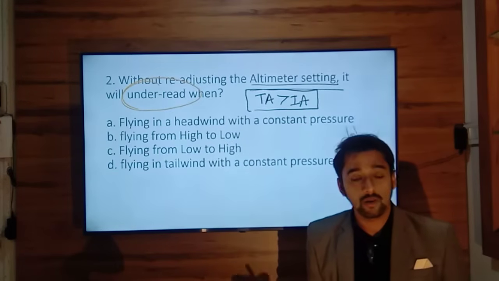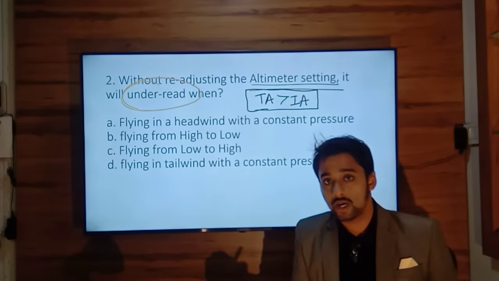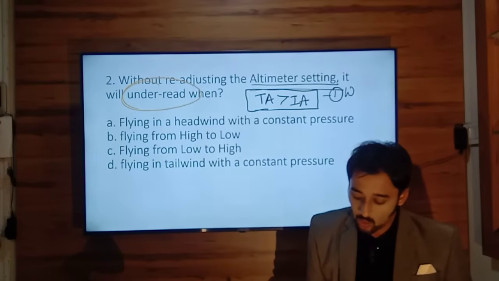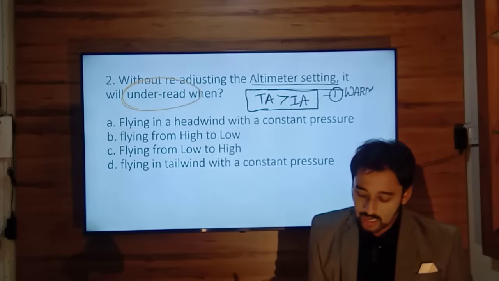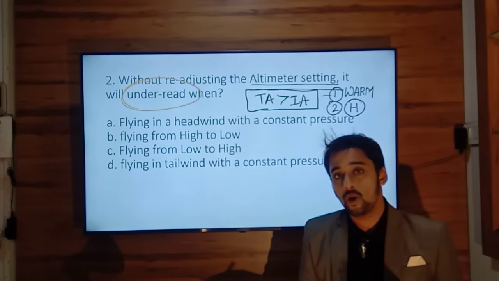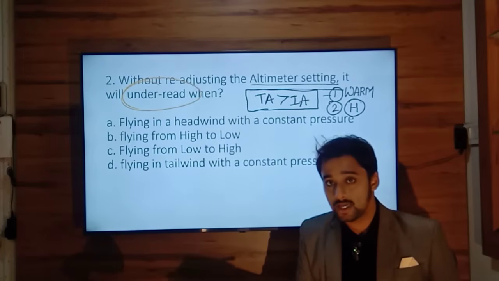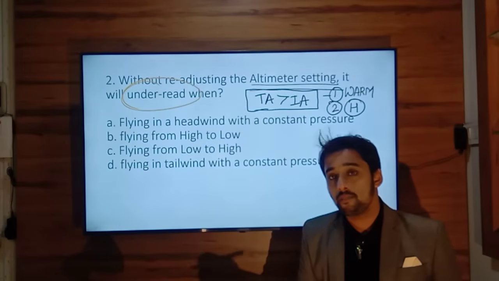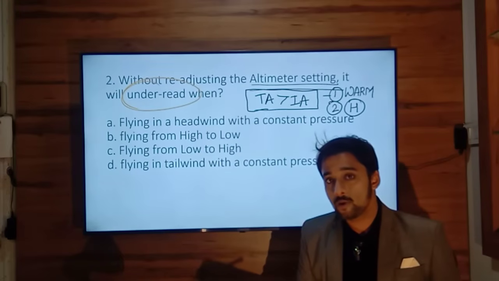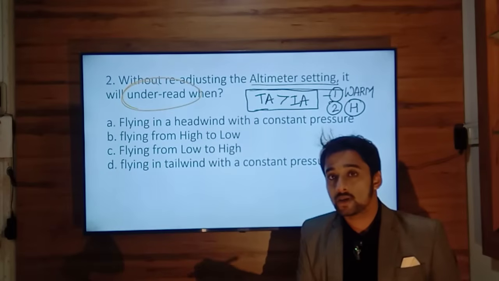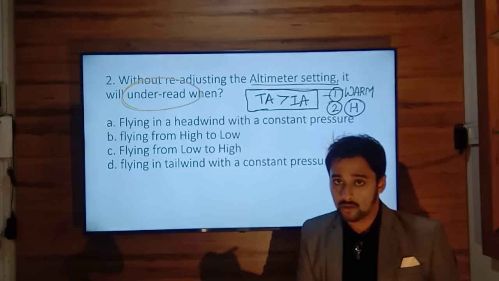Now your true altitude is more than your indicated altitude in two circumstances. First, during temperatures warmer than ISA, and second, during high pressure. If there are warmer temperatures in that area, warmer than ISA, remember this, or high pressure exists, your true altitude will be more than indicated altitude, or your indicated altitude will be less than true altitude.